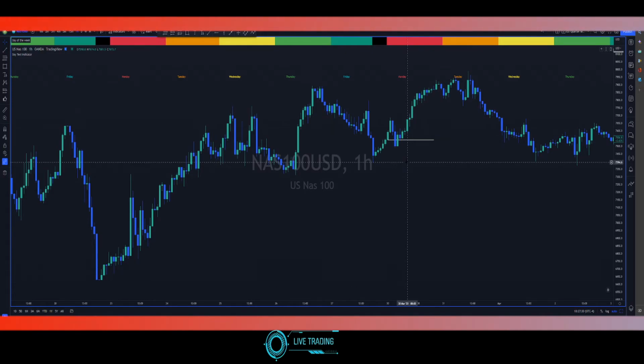I'm looking at 9 o'clock. At 9 o'clock, you want to see a little bit of manipulation, which it definitely does. It taps into this order block, or this area of interest here, because technically this is the order block, right? The price comes down, boom, boom, and then it pushes.